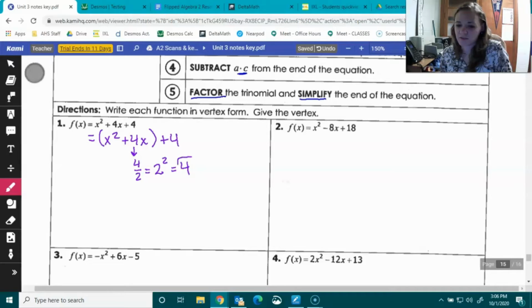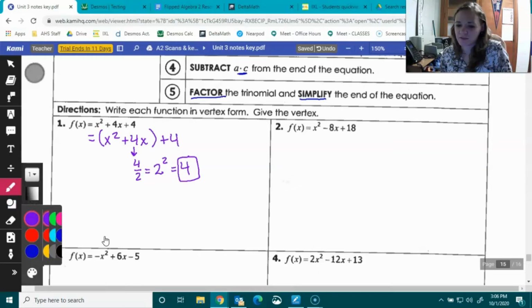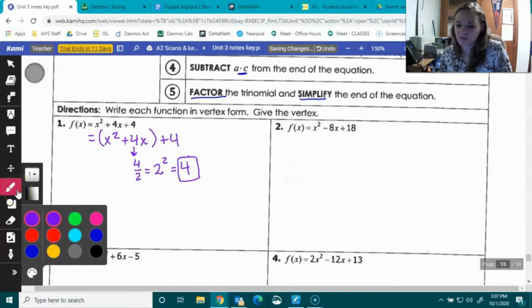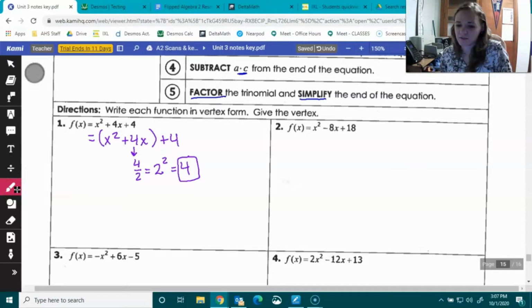So again, in order to get this, let's jot down what we did. Oh, no, okay. My computer was glitching or something. Alright, what are we going to do with this 4? I want to change color.